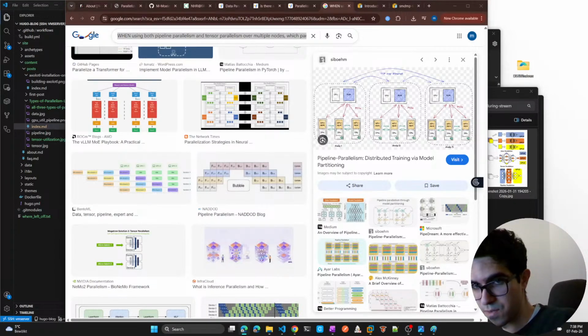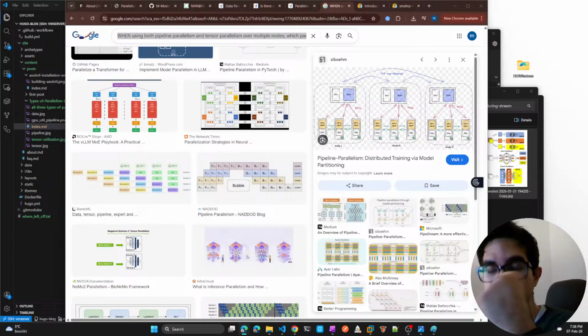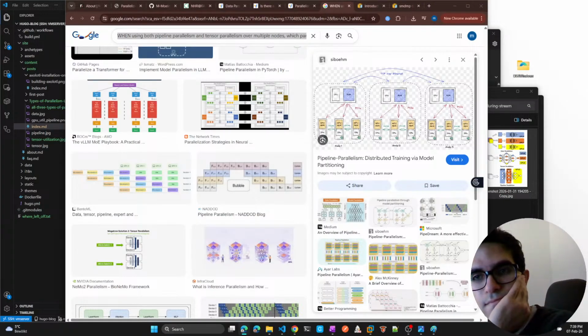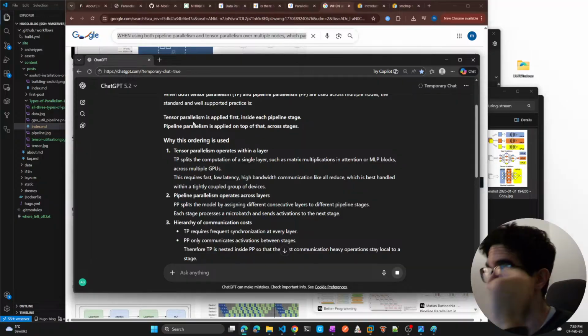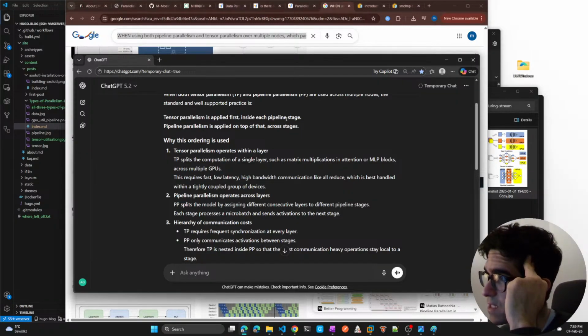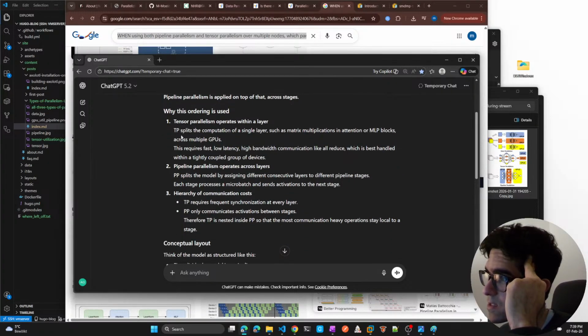Hey, let's ask GPT. So tensor parallelism is applied first inside each pipeline stage. Pipeline parallelism is applied on top of that across stages.